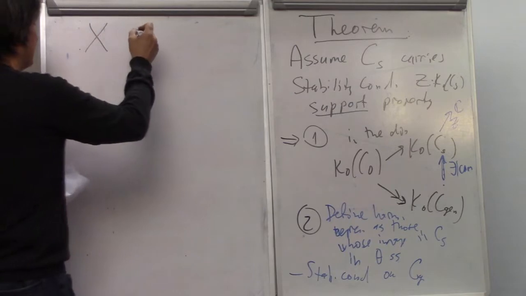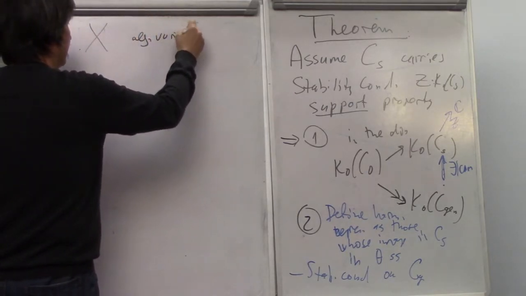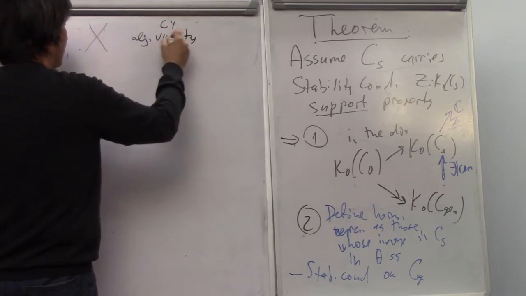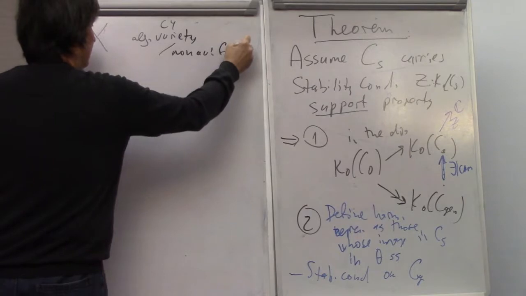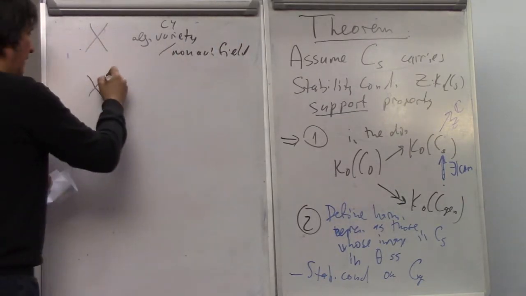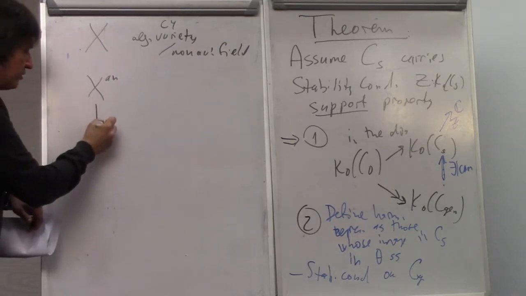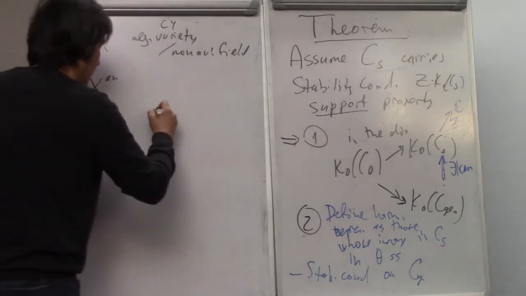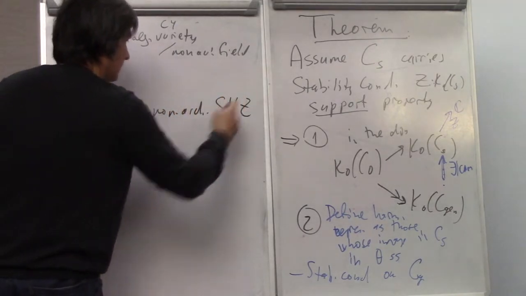Suppose X is an algebraic variety, a Calabi-Yau variety, say, over a non-Archimedean field. Then I get an analytic space, the Berkovich spectrum, and suppose I get a projection of this to some base, a non-Archimedean SYZ fibration.